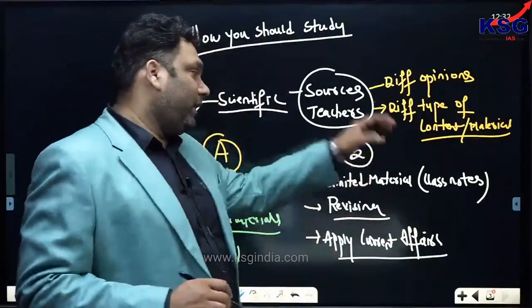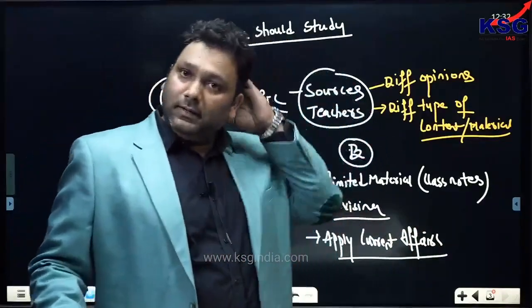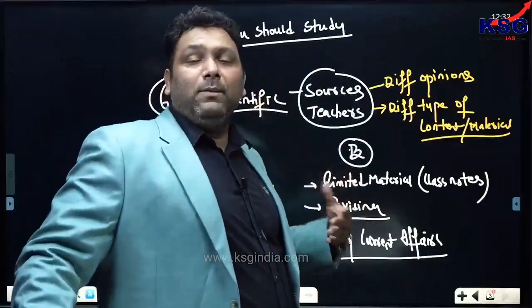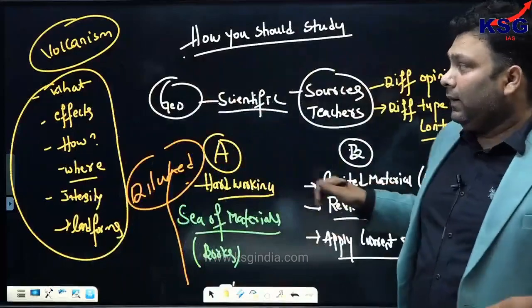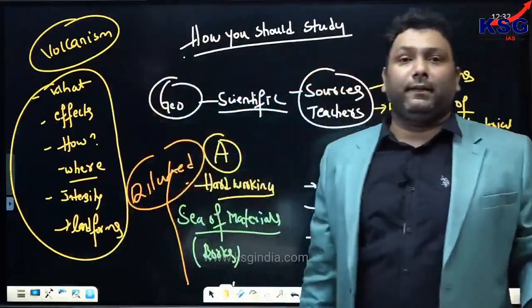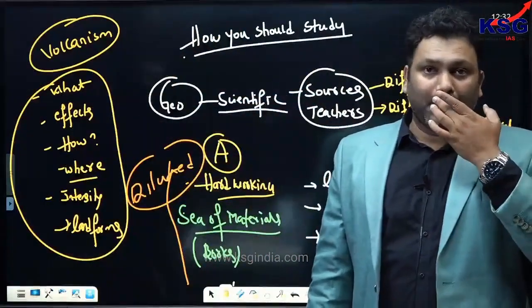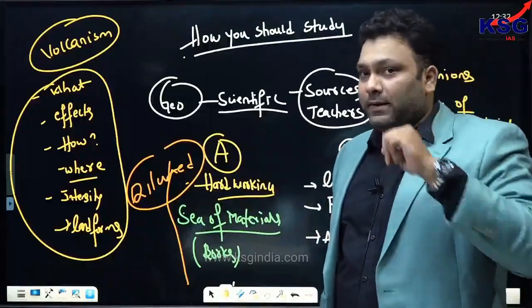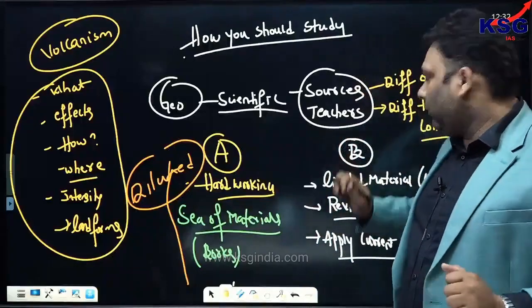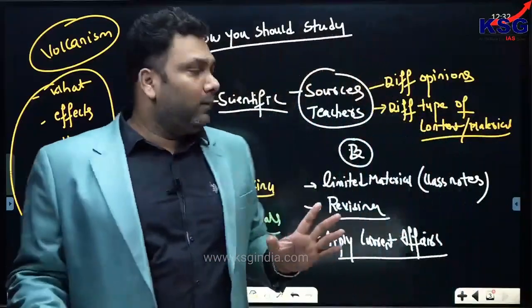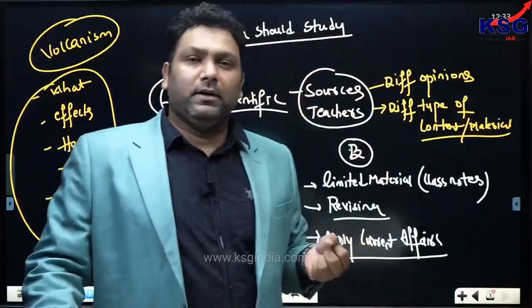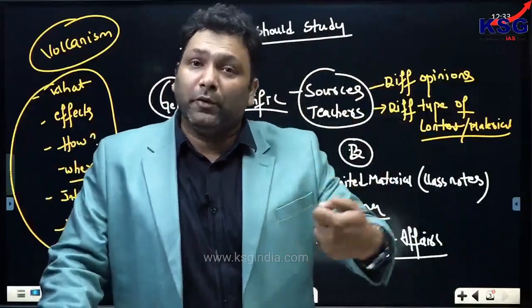Since B will be studying a limited material, B will be able to make a better mental map. B will have a clear picture of all these things. दिमाग में छप जाता है. Why? Because B को पता है मुझे limited material पढ़ना है, and इस limited material को मुझे remember करना है, and then examination में reproduce करना है.